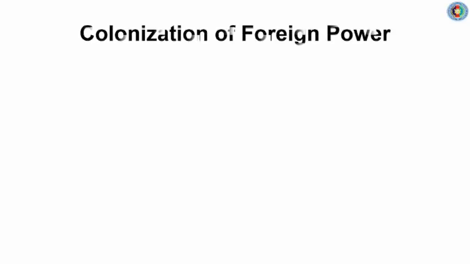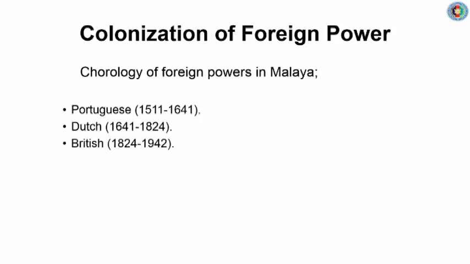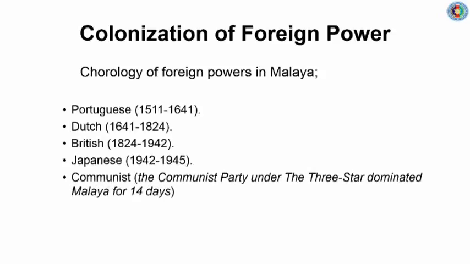Colonization by foreign powers, the chronology of foreign powers in Malaya: Portuguese, Dutch, British, Japanese, Communist, and British. Portuguese colonization for 130 years.